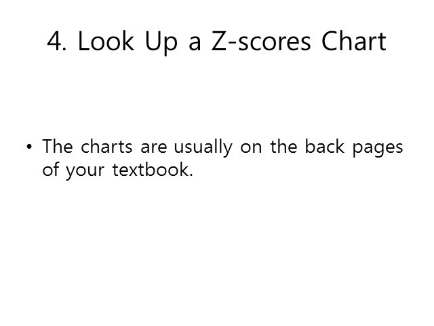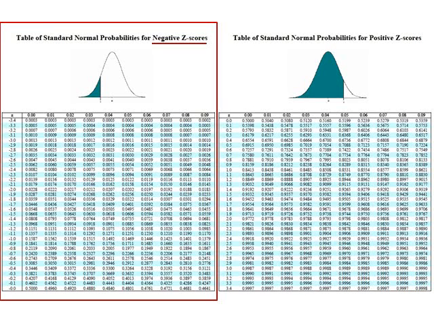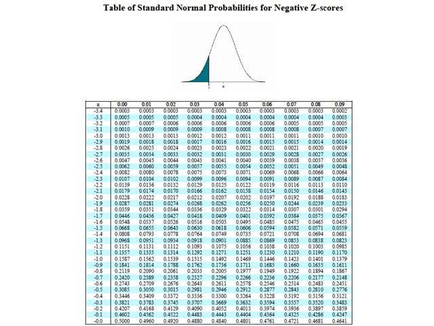The charts are usually on the back pages of your textbook. The chart should look like this. Because the z-score, which is negative 0.16, is negative, we are going to use this chart. The margins are z-scores.